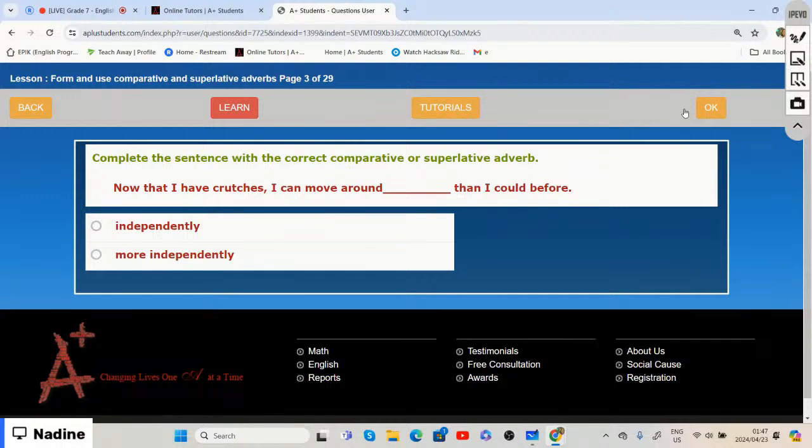I can move around, do we say independently than I could before, or more independently than I could before?